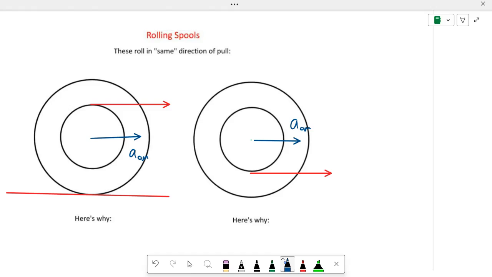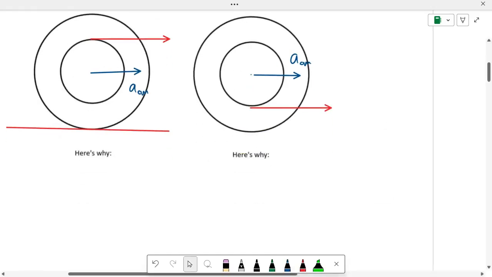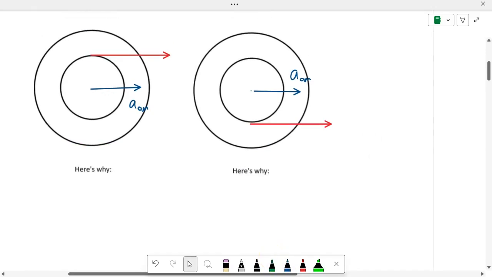We can justify that without too much trouble if we consider what angular acceleration these forces will create. Well, about what axis?